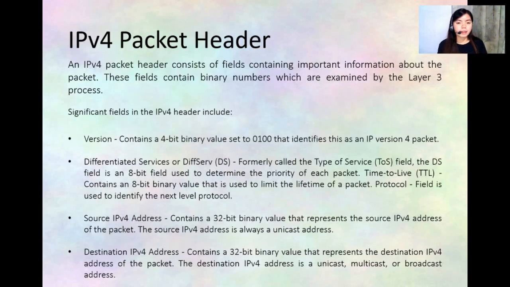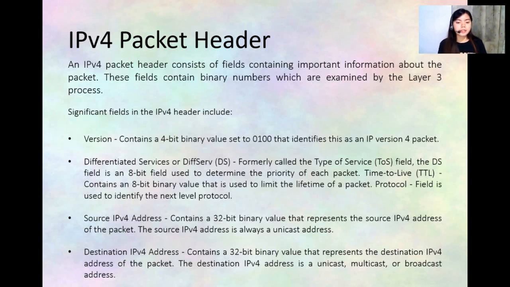IPv4 packet header. An IPv4 packet header consists of fields containing important information about the packet. These fields contain binary numbers which are examined by the Layer 3 process. Significant fields in the IPv4 header include Version, which contains a 4-bit binary value set to 0100 that identifies this as an IP version 4 packet.